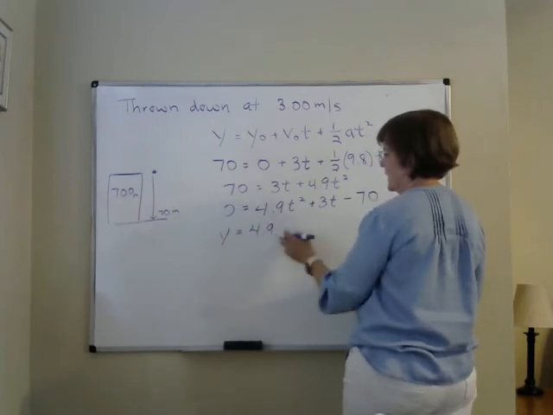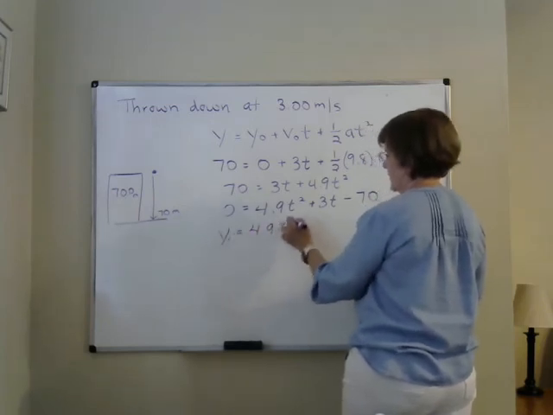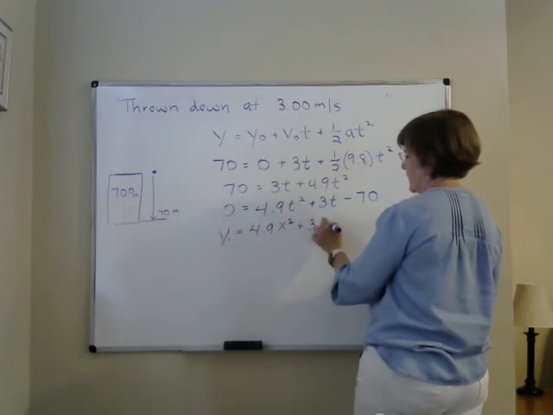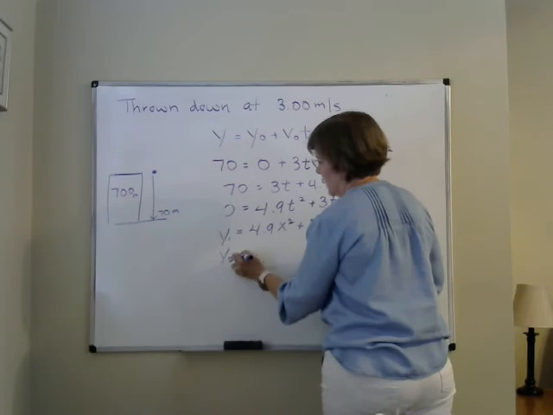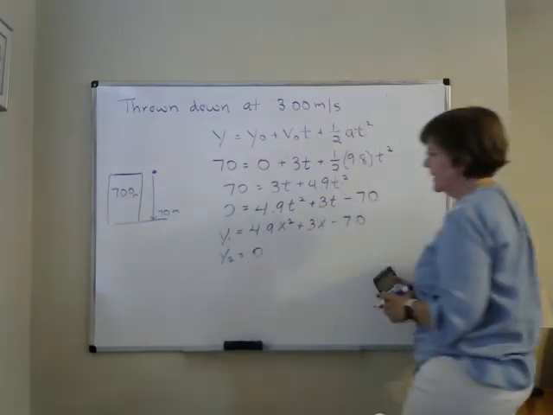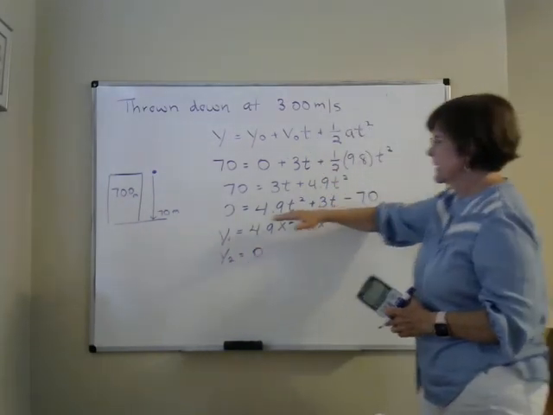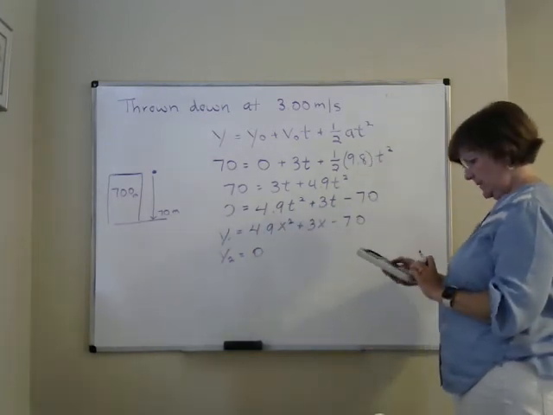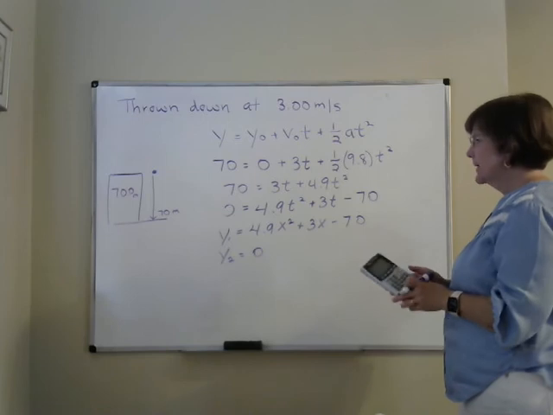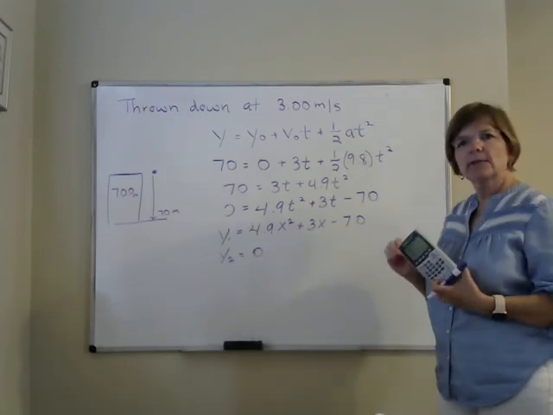So this is what the calculator says. And in y2, I'm just going to put 0 because I want to know when this equals this. Now I just want to see where those two lines cross.